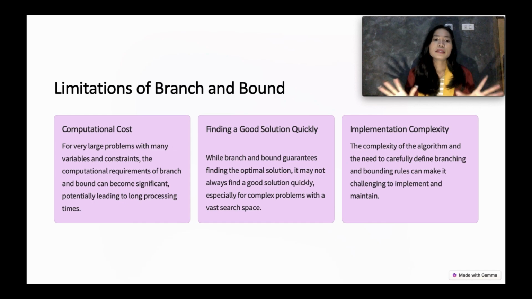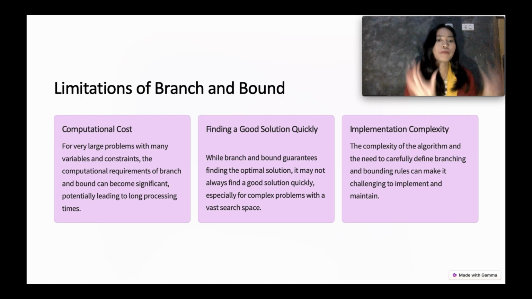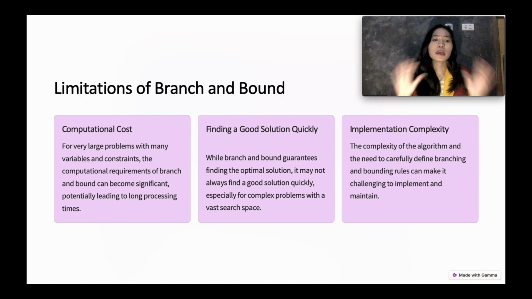Okay, limitations of branch and bound. Computational cost for very large problems with many variables and constraints. The computational requirements of branch and bound can become significant, potentially leading to long processing times and difficulty finding a good solution quickly.